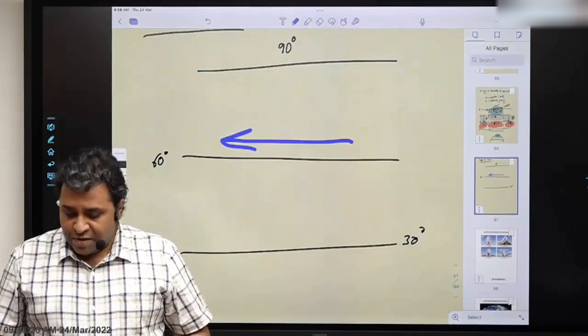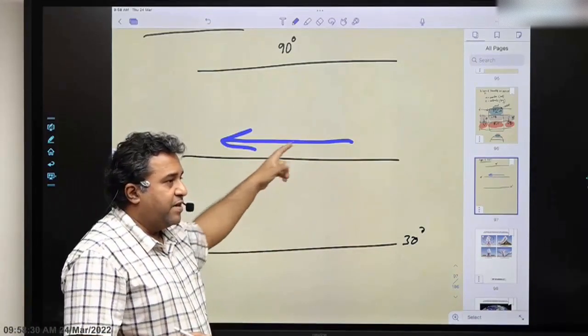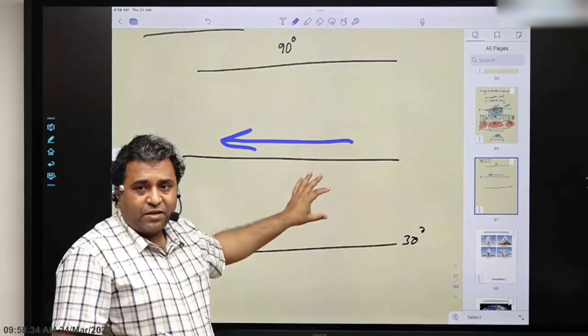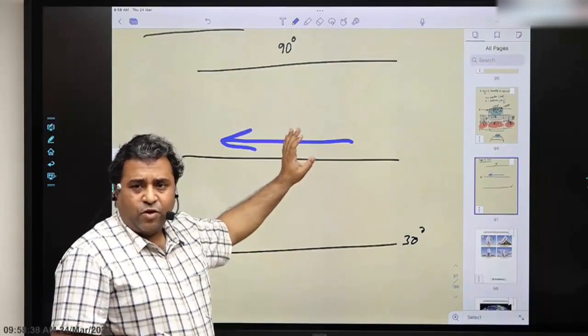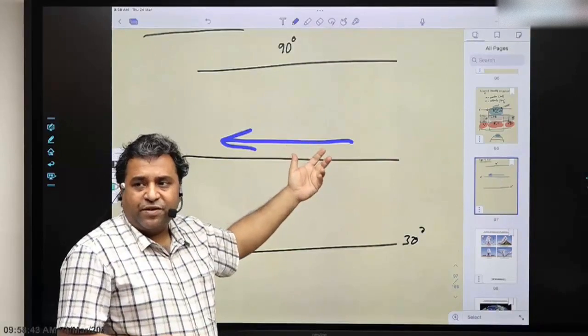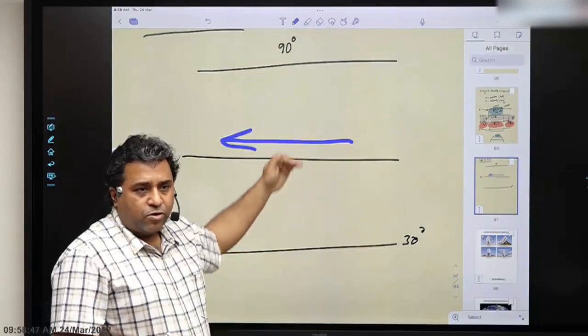So there we have the, so this is a front, right? And if this is a front, on one side of the front, and obviously this is a cold air mass and this is a warm air mass relatively. So the front has to be relatively okay, right? Let me not say very strong, let me not say very weak. So it's a decent front. If it's a decent front, air will not cross it.